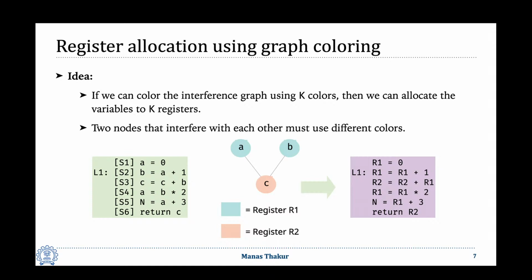It would replace the input program with something like this, where it will replace variables with registers. This is what you would get as the output of the code that we'll share with you and you will play with. Give it different kinds of programs, draw different kinds of interference graphs. It will also show you the interference graph, match it with your understanding, make sure you understand everything concretely. But this is that part, okay? I hope that's clear now.